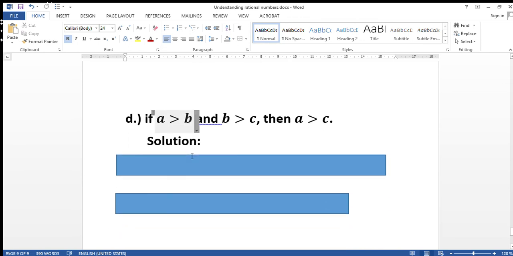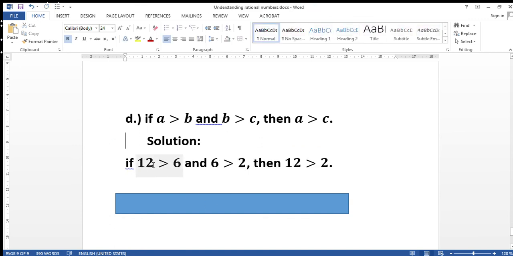Okay, lastly we have, if a is greater than b and b is greater than c, then a is greater than c. Replacing the values of a, b, and c, a is 12, b is 6. 12 is greater than 6, correct. b is 6, c is 2. 6 is greater than 2, correct.